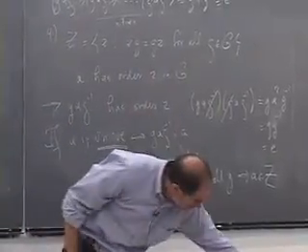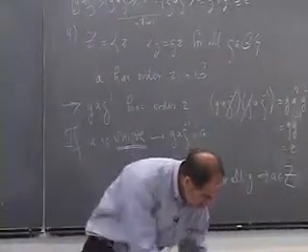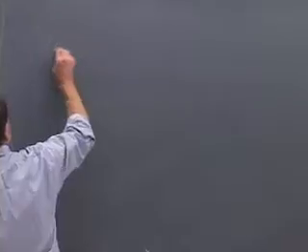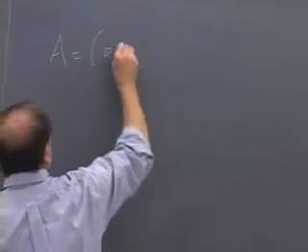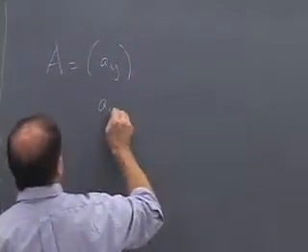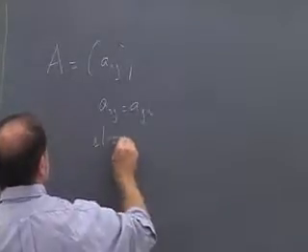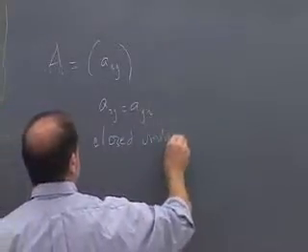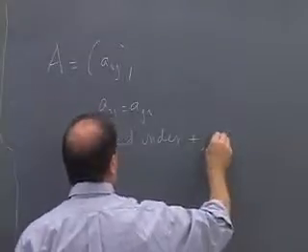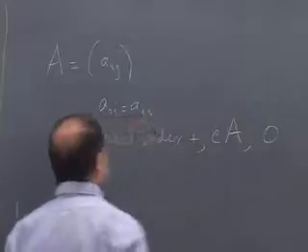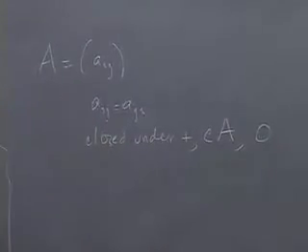Okay. Problem 4, almost everyone got. That was the question on the symmetric matrices. So if A is equal to Aij, where Aij is Aji, this is clearly closed under addition and scalar multiplication, and contains the 0 element, so it's a subspace.